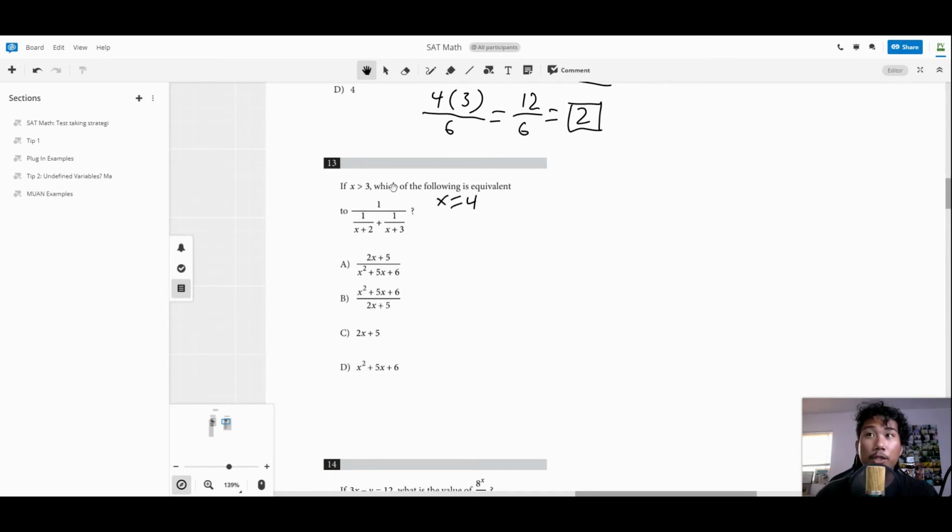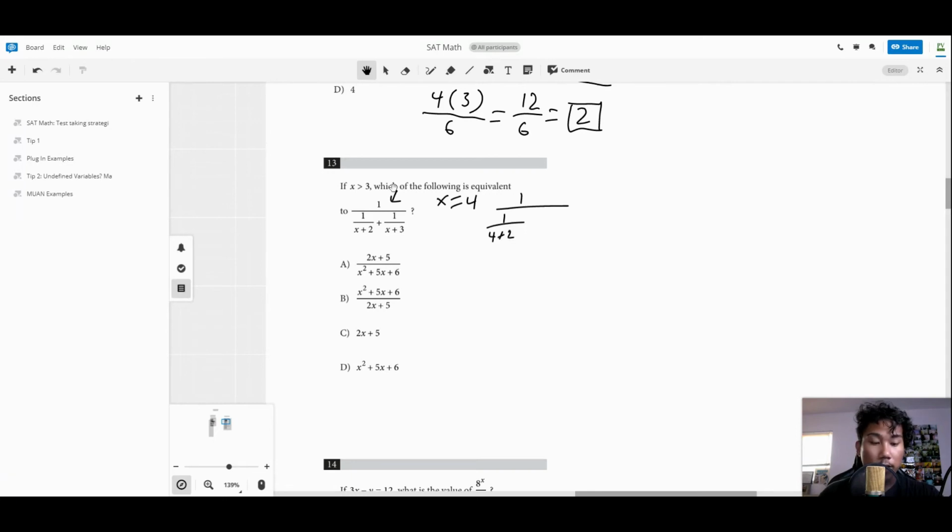Now, what I'm going to do here is plug in 4 into the problem and plug in 4 into the answer choices. And whichever answer choice gives me the same end result as the question, then that is the correct answer. So what that looks like is this. So I'm going to do 1 over 4 plus 2, right?